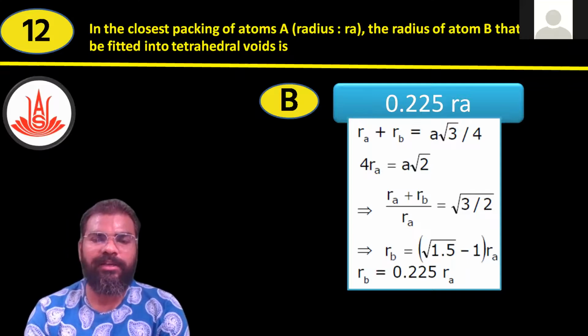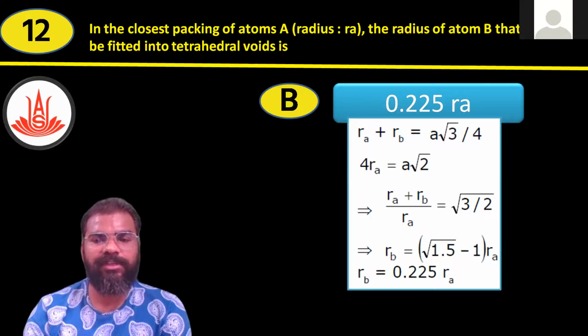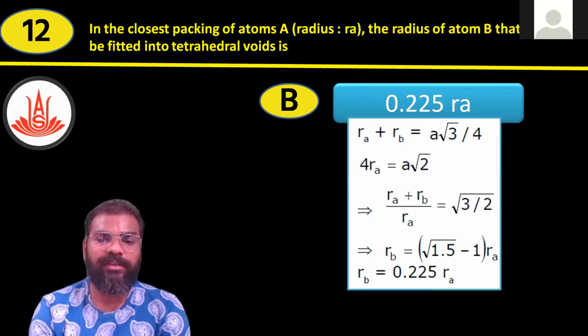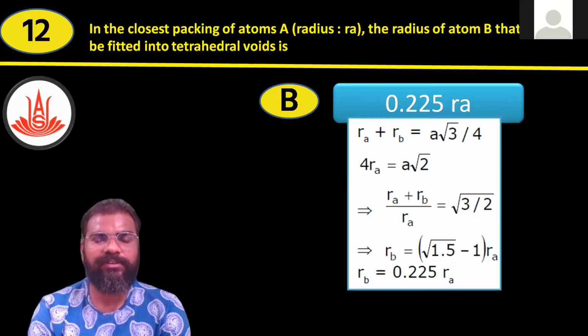So Ra plus Rb upon Ra is equal to root 3 divided by 2 inside the root 3. Here Rb, if you do 3 by 2, then it is 1.5 minus 1 Ra. So that is 0.225 Ra. Very good question it is.